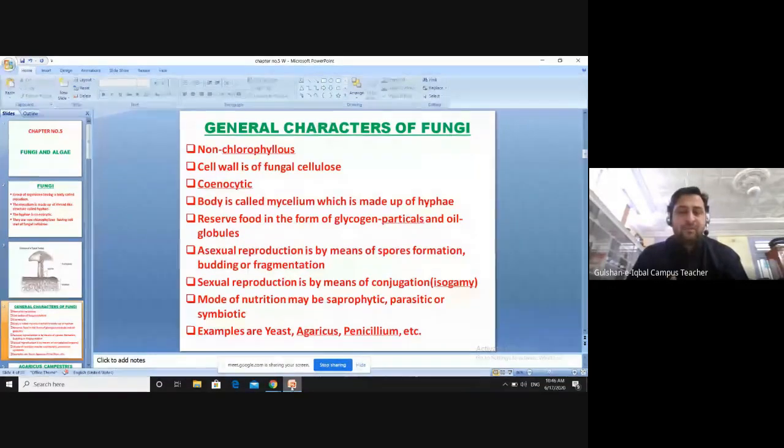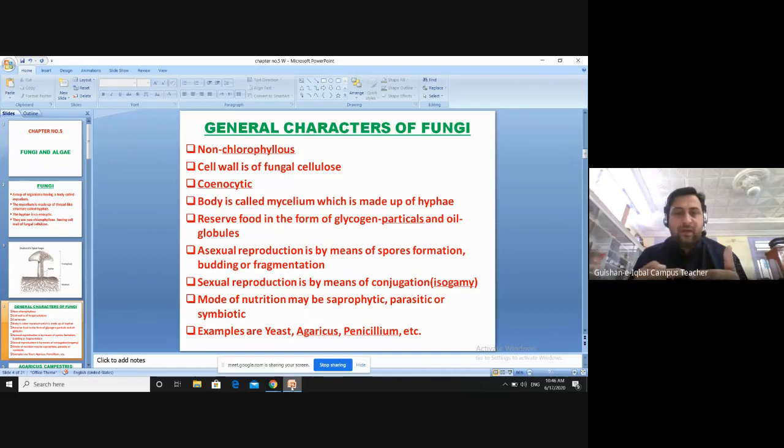Fragmentation means the mycelium or the hyphae divides into particles, and those particles are then converted into mycelium or new fungus body. So these are the means of asexual reproduction in fungus: spore formation, budding, or fragmentation. Clear? They also have sexual reproduction, and their sexual reproduction takes place by means of conjugation.